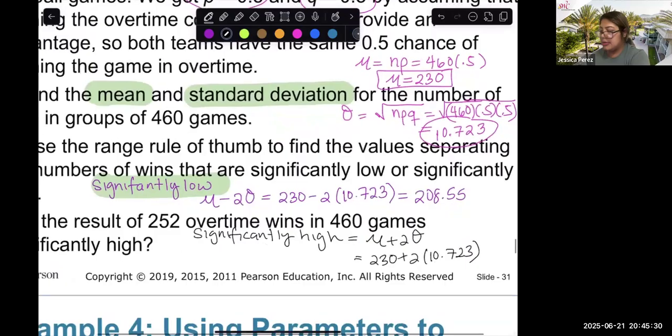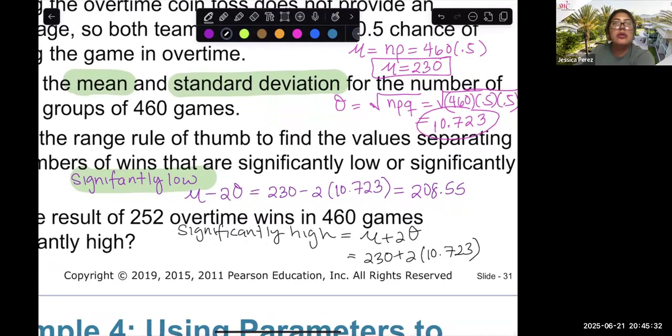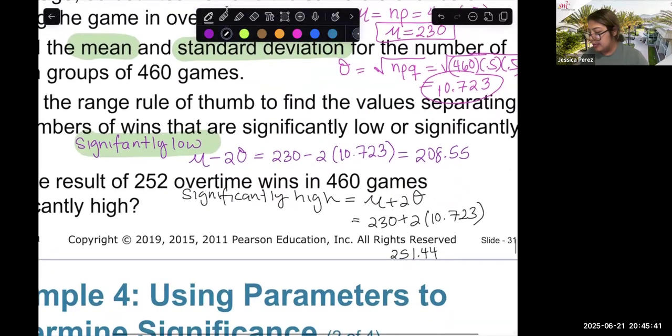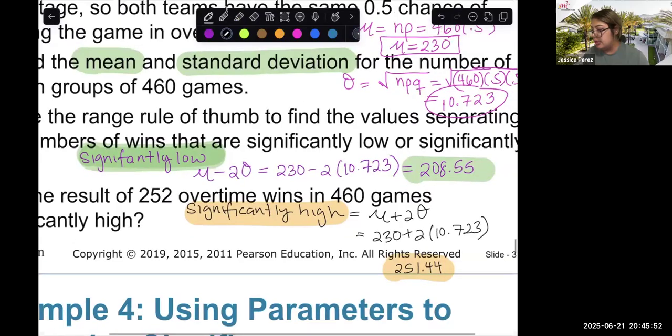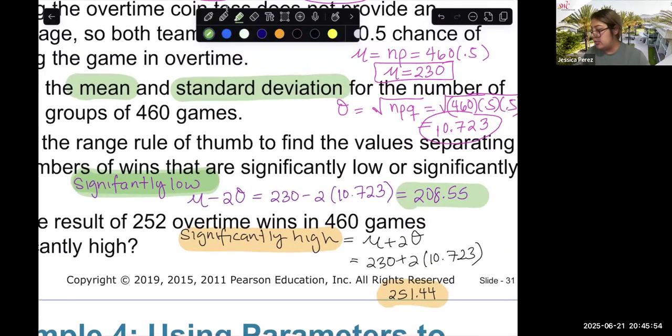So let's find what that is. 230 plus that is going to be 251.44. So now that's my significantly high. Significantly high, there it is. Significantly low, it was 208. And there's our mean, my population mean.